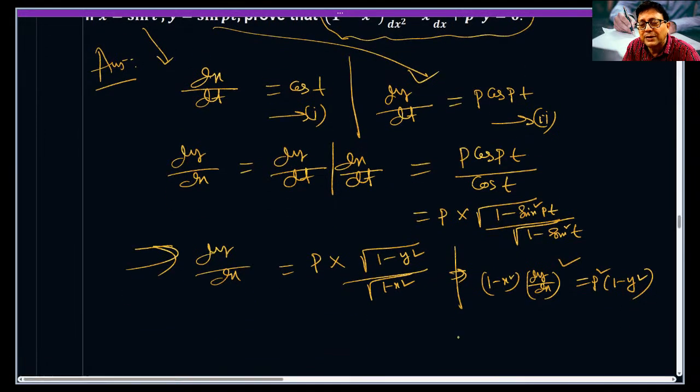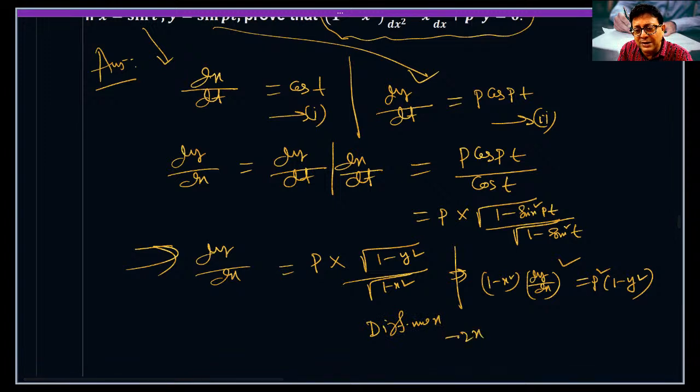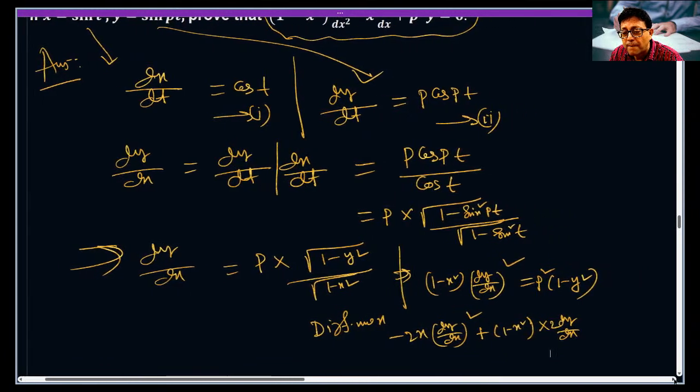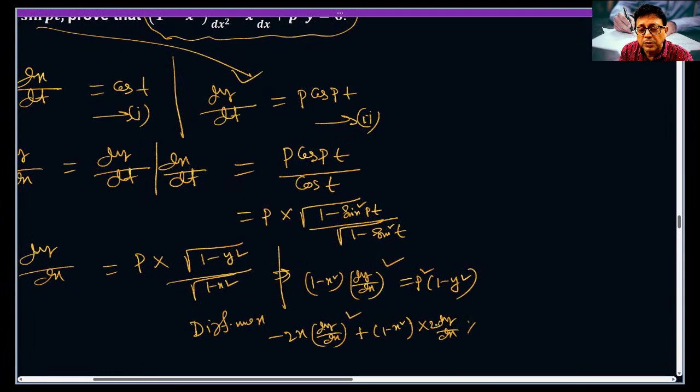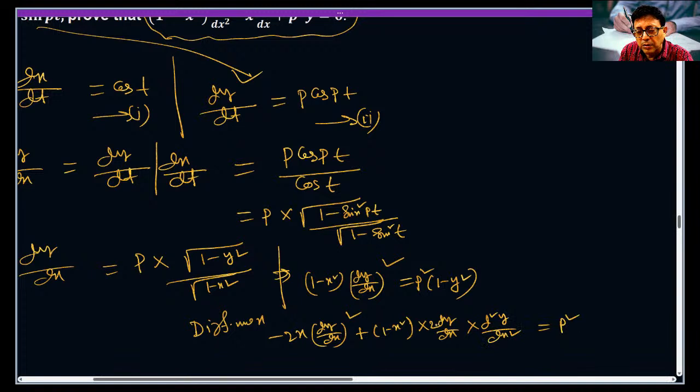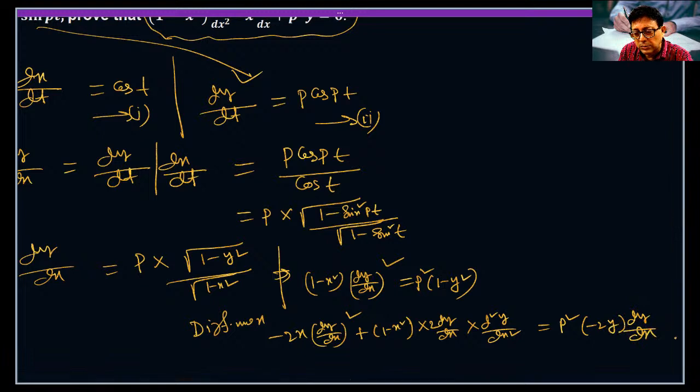Now just go for finding the derivative again. Differentiating with respect to x: minus 2x dy by dx whole square, and the derivative of this thing is what? 2 dy by dx into... clear?